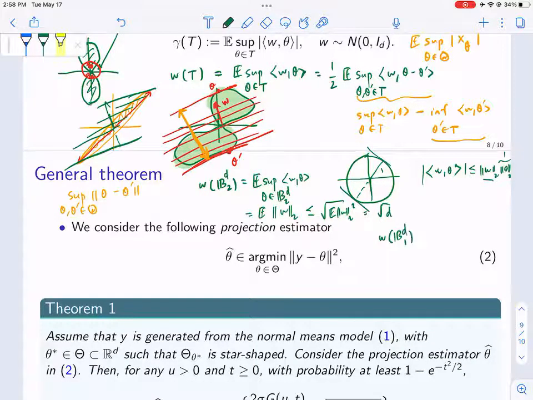For example, the L1 ball. The L1 ball looks like this in R2. In high dimensional space, what would it be for the L1? What is the supremum if I take the supremum over the L1 ball?